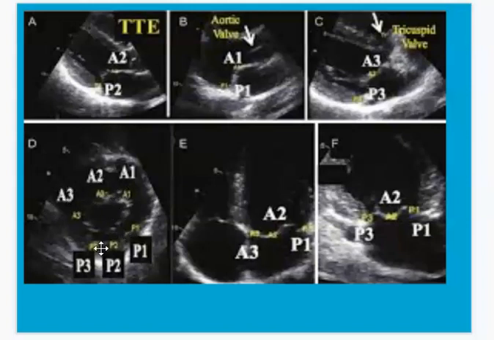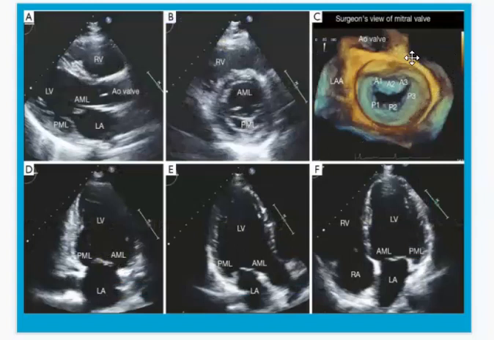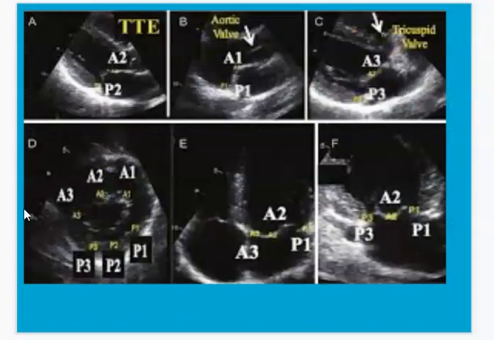And remember, that's what I showed you on the 3D image here, where it's flipped over for the surgeon: A3, A2, A1, P3, 2, 1. And for us, it's just the opposite of that in the short axis view.